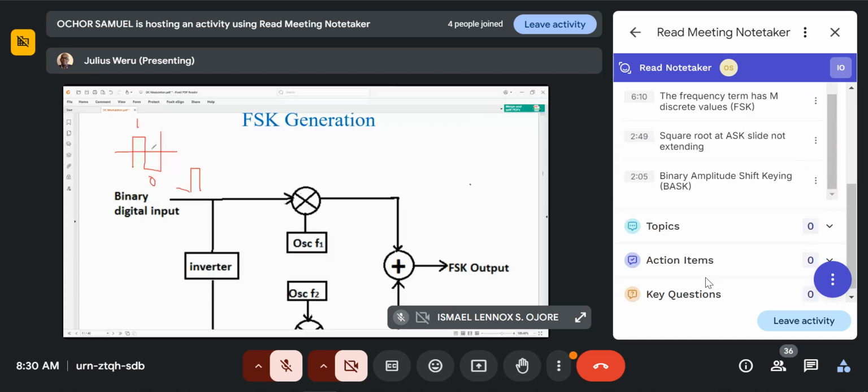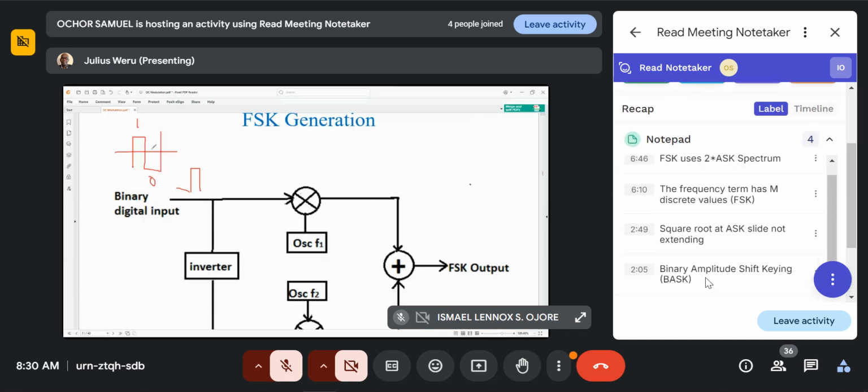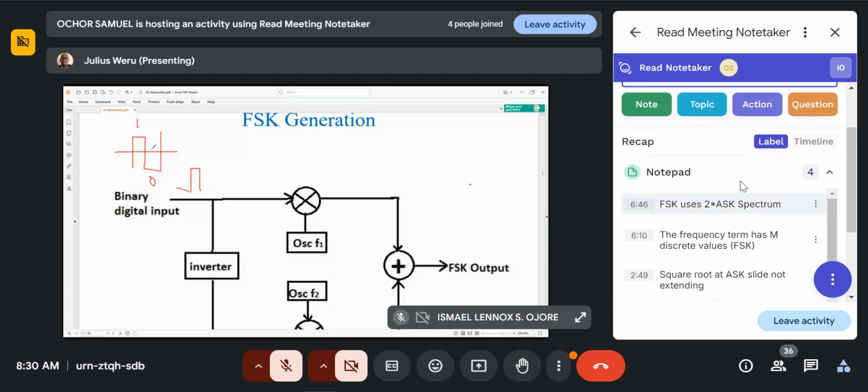So if your oscillator is switched on by a positive voltage, then this will not switch on. So if it is a 1, it will switch on F1, and this is inverted, so it will not switch on this one. You can look at it that if you are switching this with a 5 volt signal, then this will be -5, so it will not switch it on.